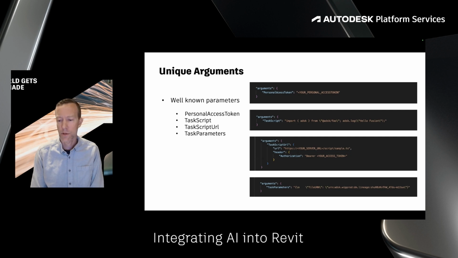So for anything that's less trivial, we have the next one, which is task script URL. And that works similar to inputs and outputs, in that you can give us a URL and auth headers to the location of your script on your server, and we will go ahead and download that and execute it the same way we would as if it were passed as task script.